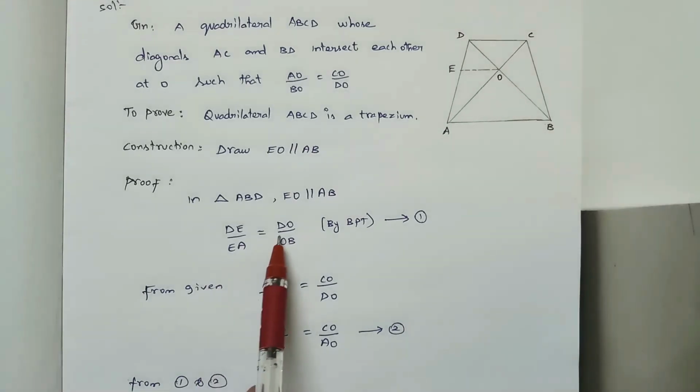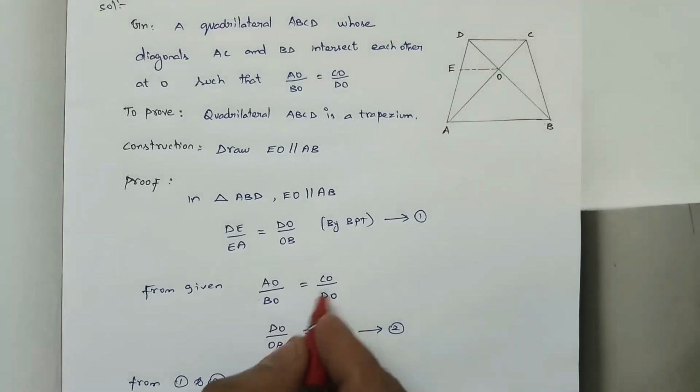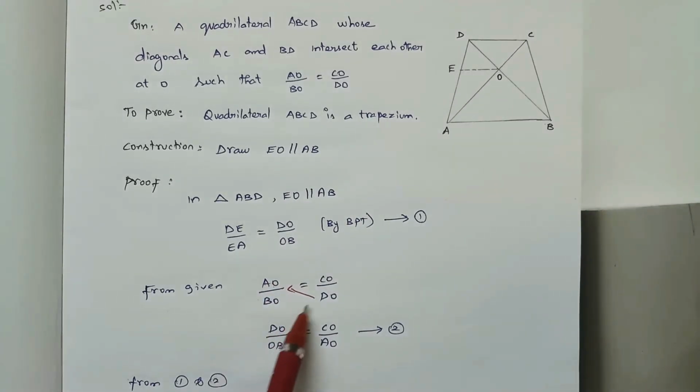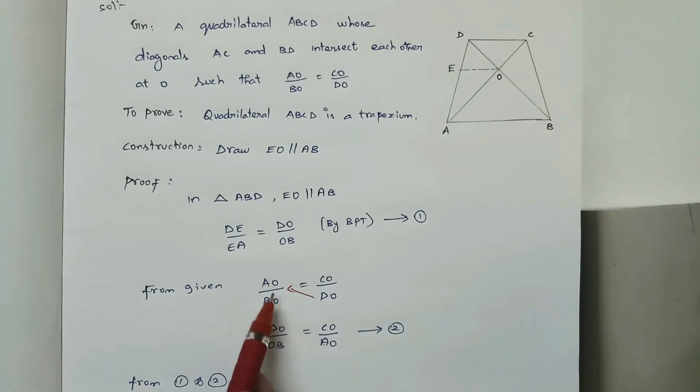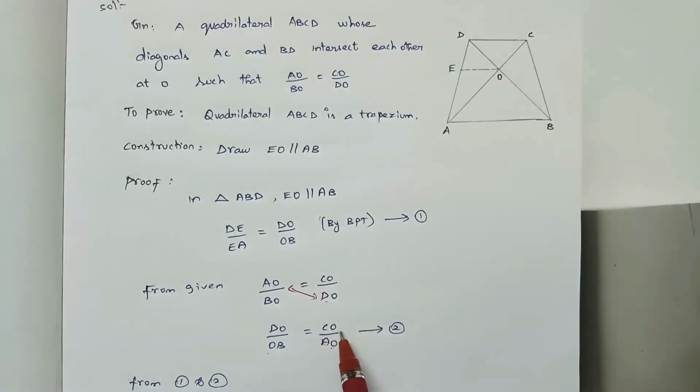In equation number 1, we have DO by OB. From the given, DO and OB are in the denominator. Just bring this DO alone to the LHS and bring this AO to the RHS. Then this will become DO by OB is equal to CO by AO, right? I'm taking this AO to the RHS, it goes to the denominator. So CO by AO. Now compare equations 1 and 2.